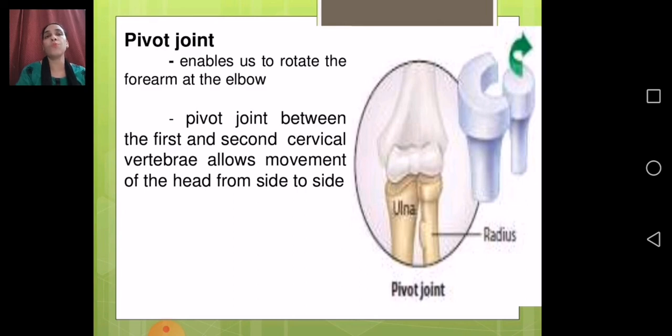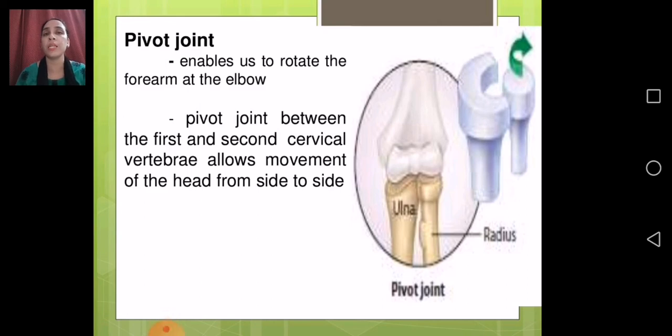If you want to show movement, then muscle contraction plays an important role. I hope that is clear to you all and you will not face any issue with these types of joints. Next class we will start with muscle contraction.